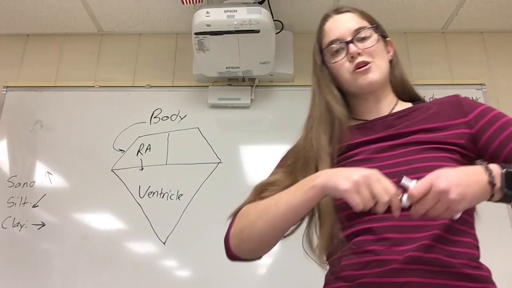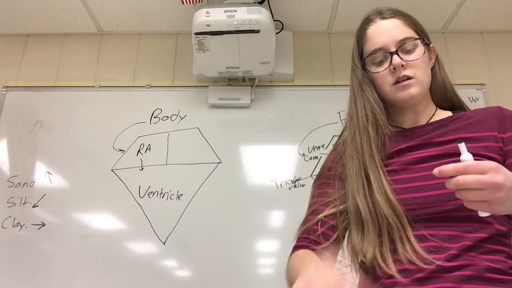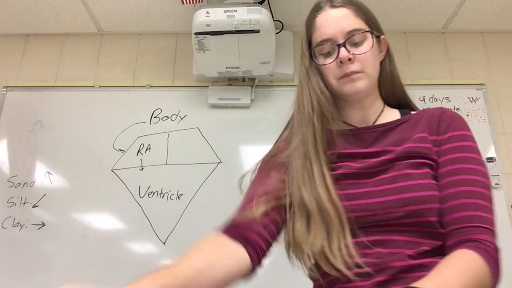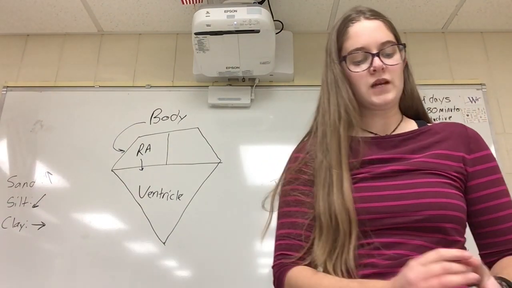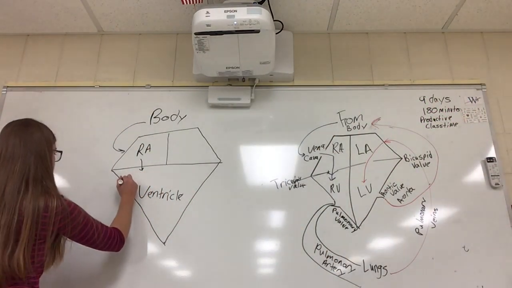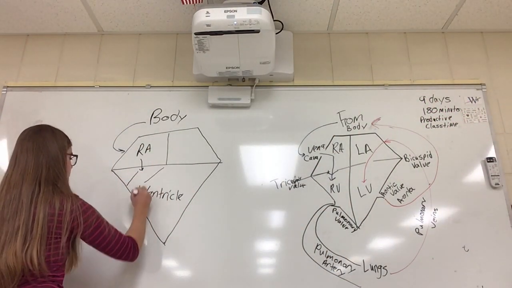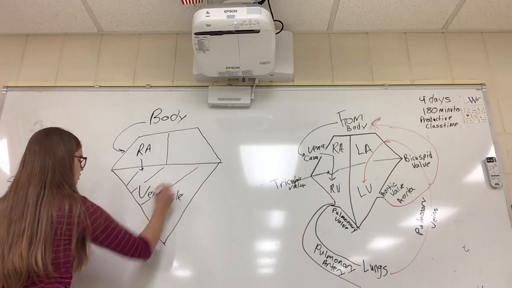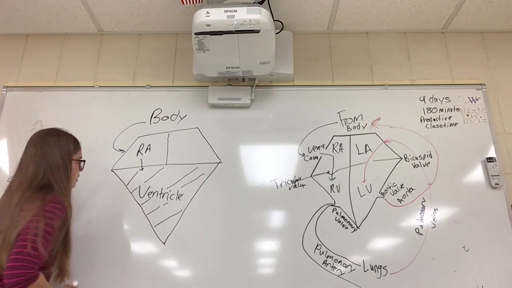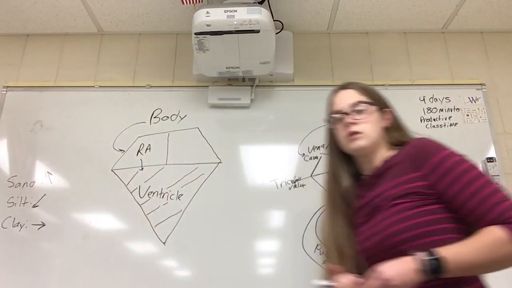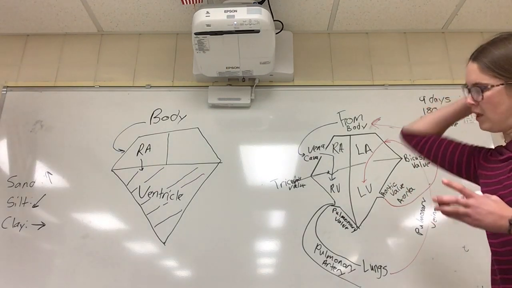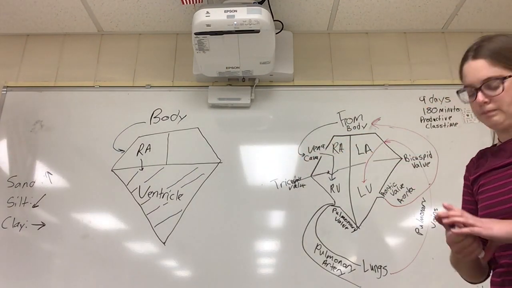So instead of using blue, the blood does mix together. Now it does have methods to keep it from completely mixing, but it does mix some. So I'm going to switch from blue to purple in this ventricle. So the deoxygenated blood goes to the ventricle and mixes with some oxygenated blood.